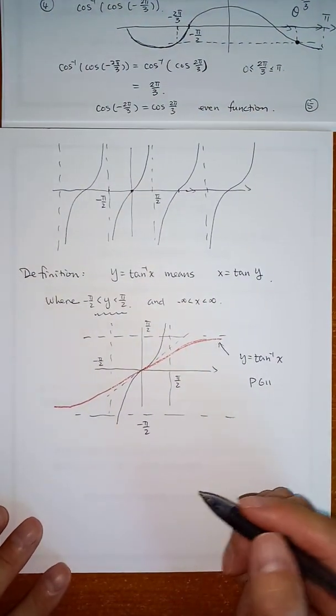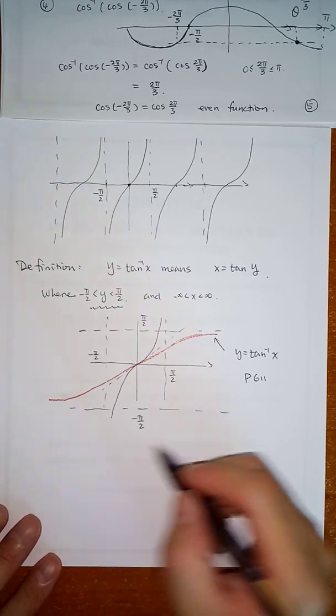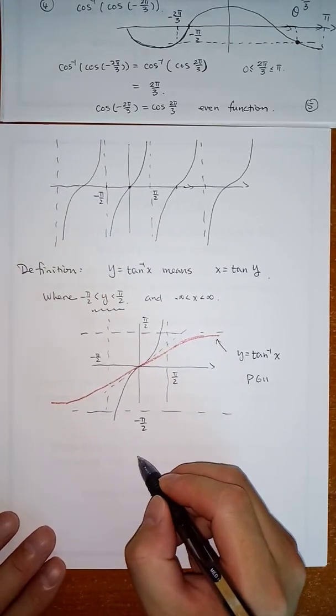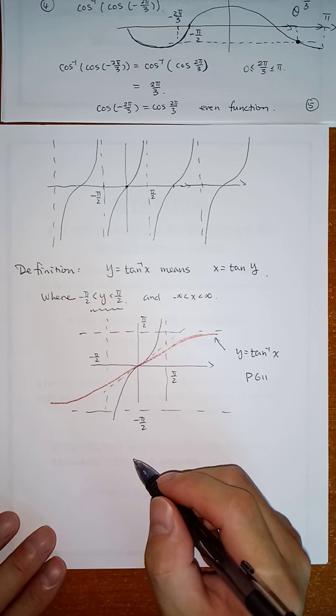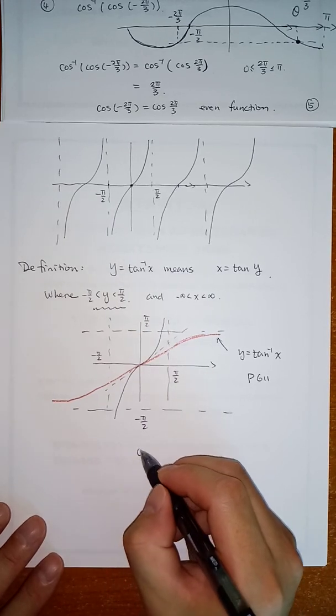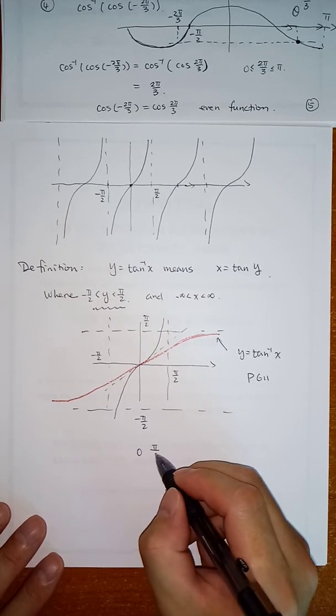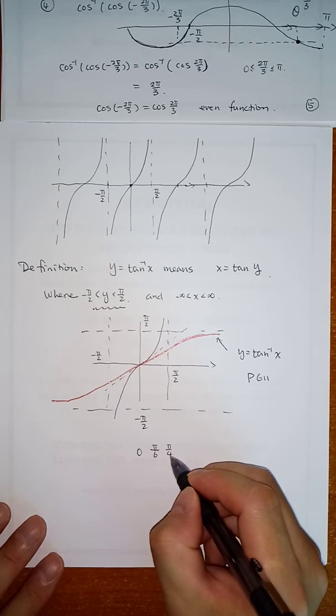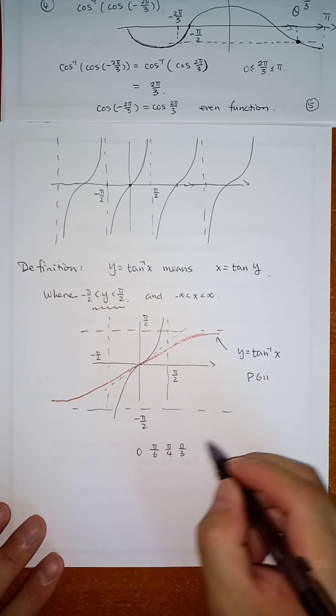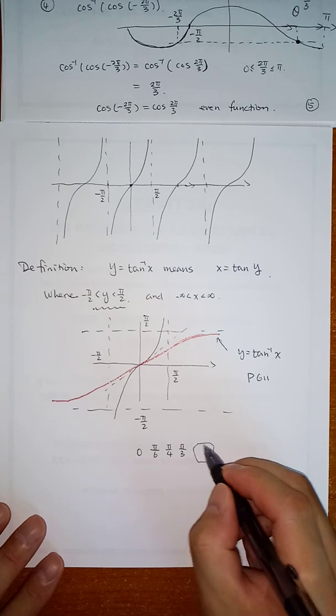For tangent, we also place a small evaluation table. We have 0, pi over 6, pi over 4, pi over 3, and this time there's no pi over 2, and no negative pi over 2.